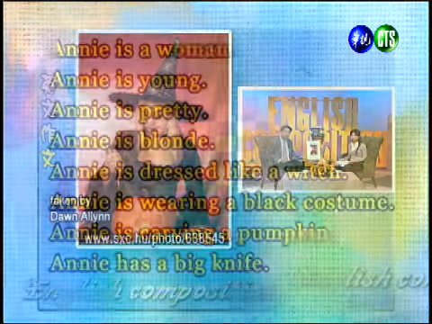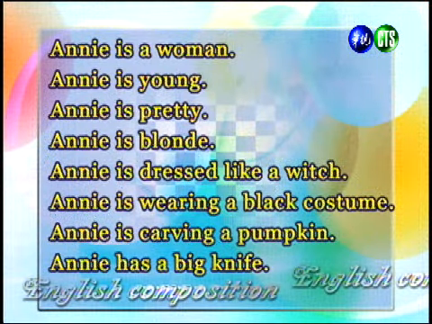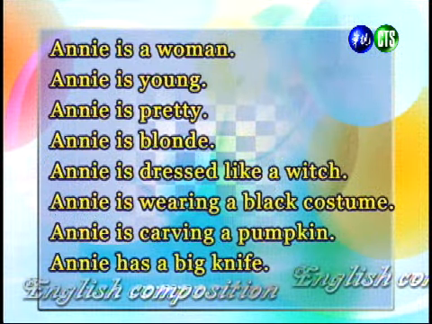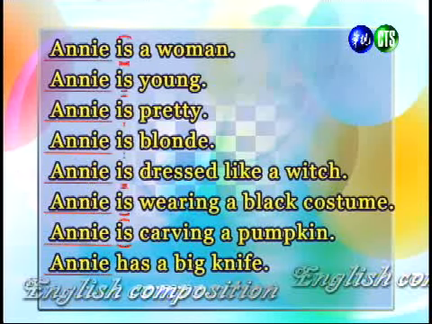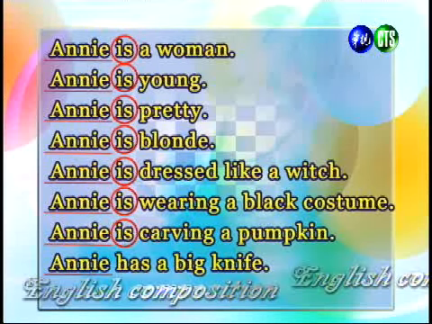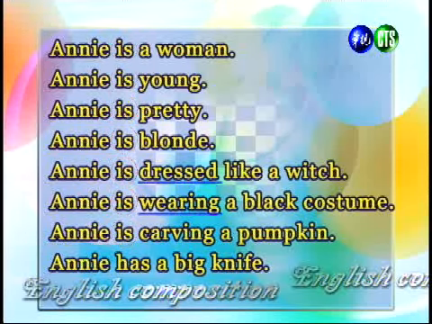And so let's take a look at this set of 8 sentences again. We can see, first of all, that the name Annie is repeated 8 times, and also the word is is repeated 7 times. In addition, dressed and wearing are very similar concepts.